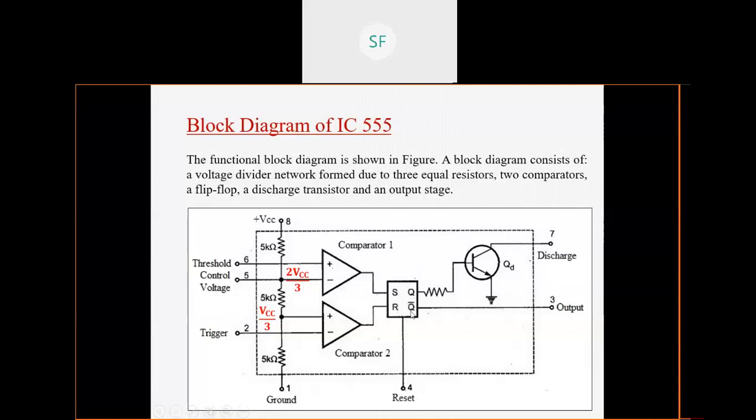Just remember it like this. And at any time you can reset this flip-flop by using pin number 4. Then there is a discharge transistor. Is this transistor NPN or PNP? Anyone?